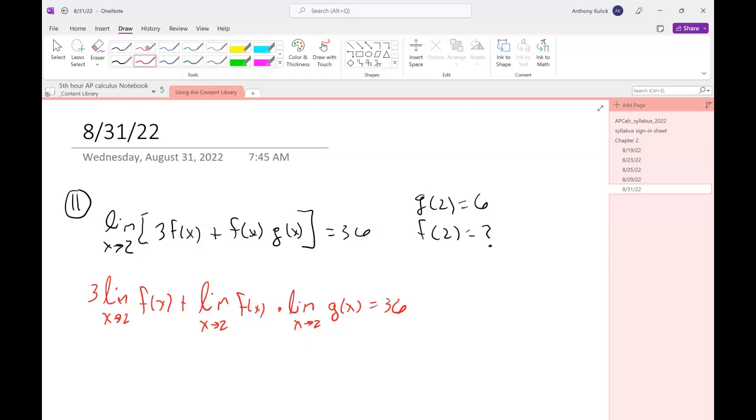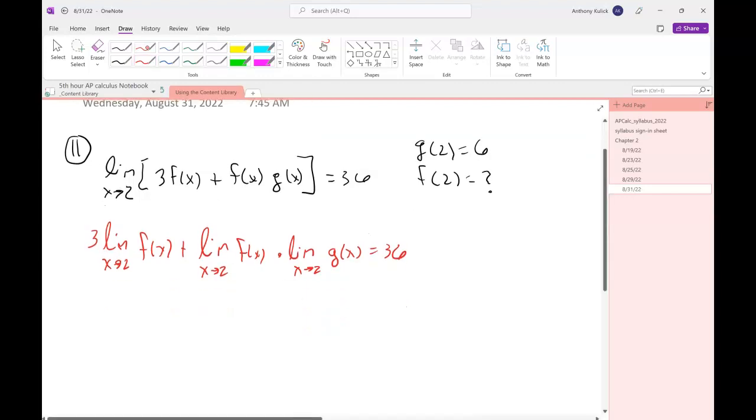Everybody's cool with that? And since this is continuous, I know that the limit as x approaches 2 of g of x is the same as just g of 2.